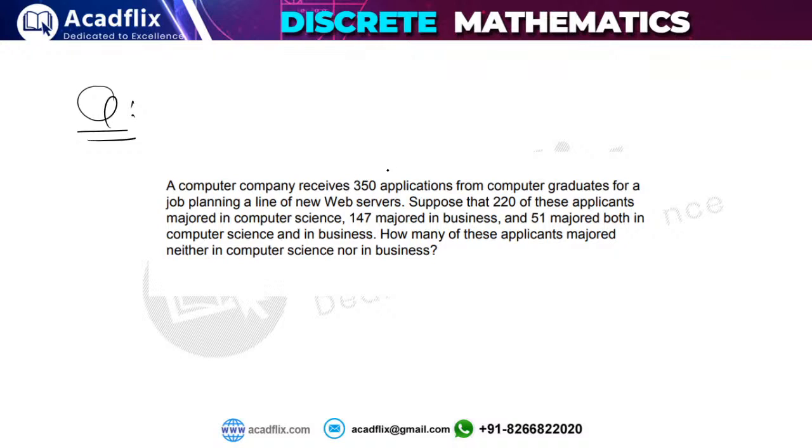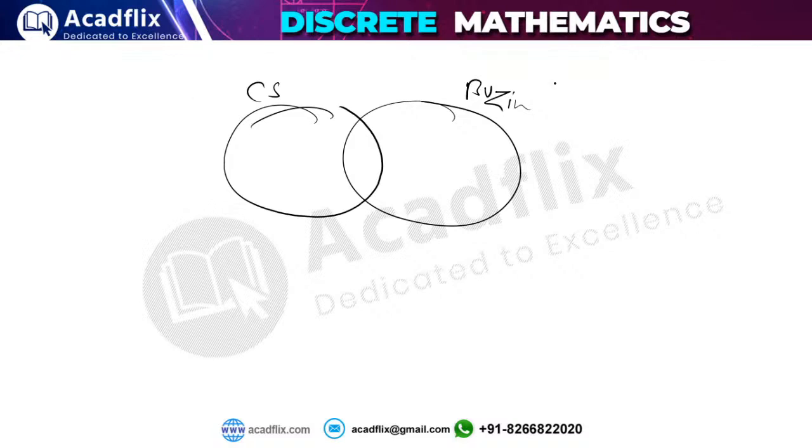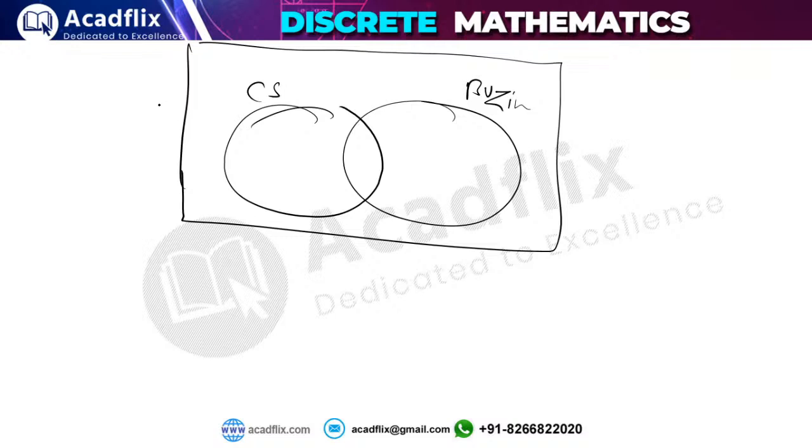This question is saying: computer science, business. So these are the computer science applications, and these are the business applications. Total 350 applications are there. So you can make the Venn diagram.